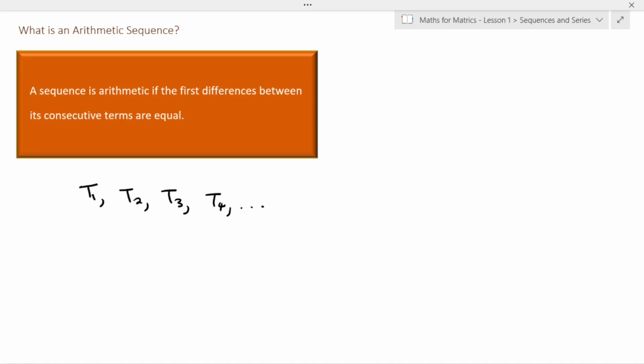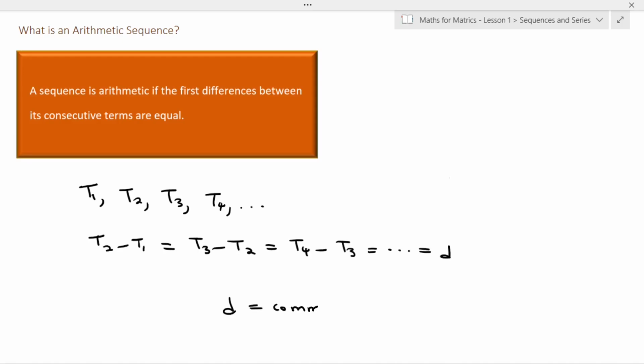This means that the sequence will be arithmetic if, and only if, there is a number d, such that T2 minus T1 is equal to T3 minus T2, which will also be equal to T4 minus T3, together with the differences between all the terms in between, will be equal to d. The number d is called the common difference of the arithmetic sequence.